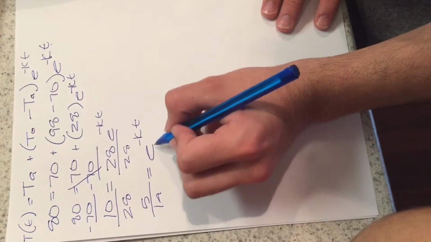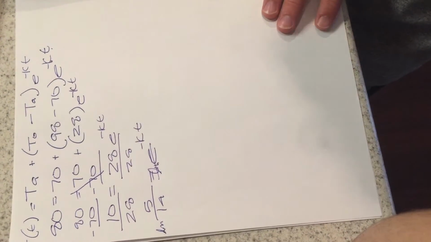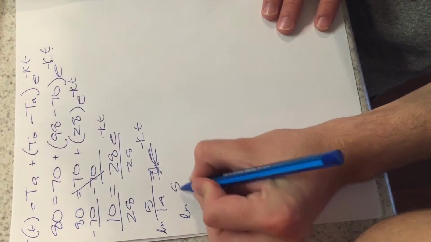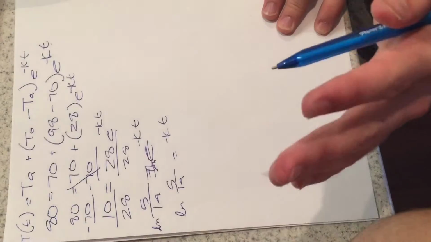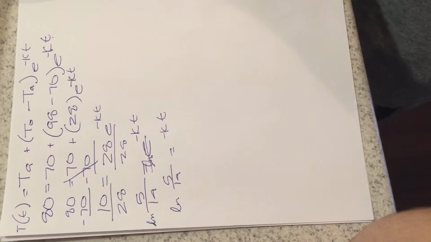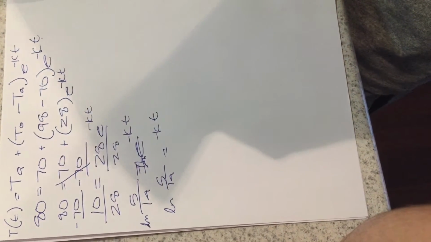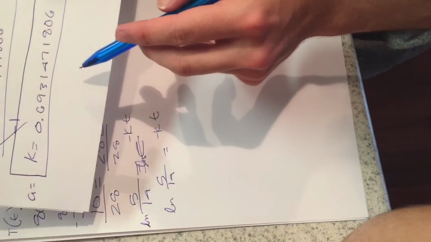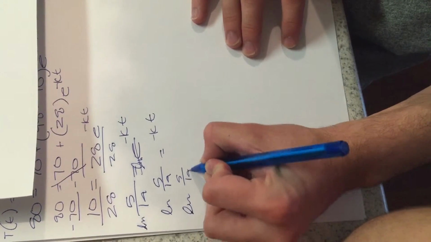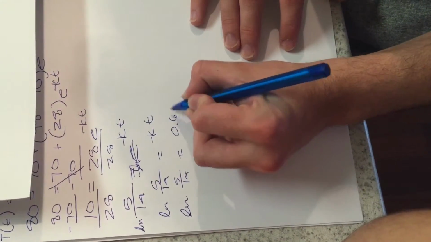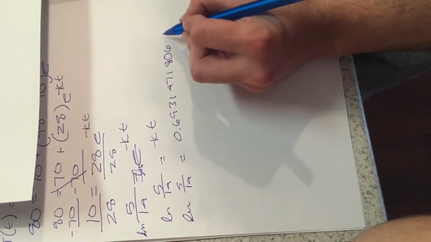In order to cancel out this e, we're going to throw in another natural log. That cancels that out. And it leaves us with ln 5 over 14 equals negative k t. Now, since we already found what k was in our last problem, we're going to simply write it out. There's k. So we have ln 5 over 14 equals 0.6931471806 t.